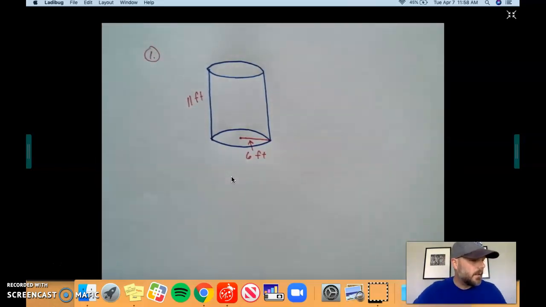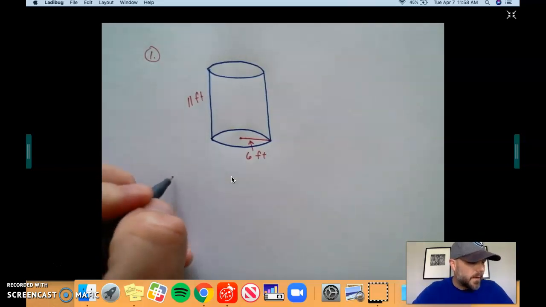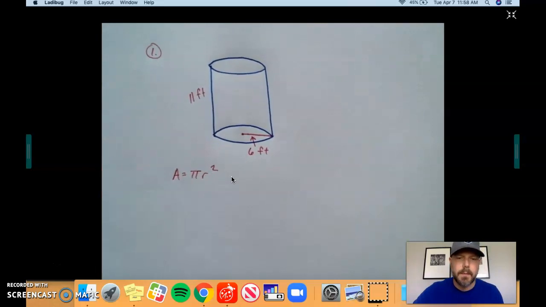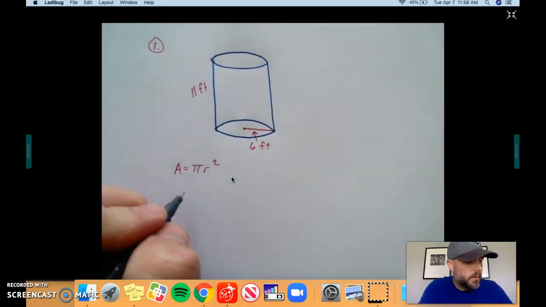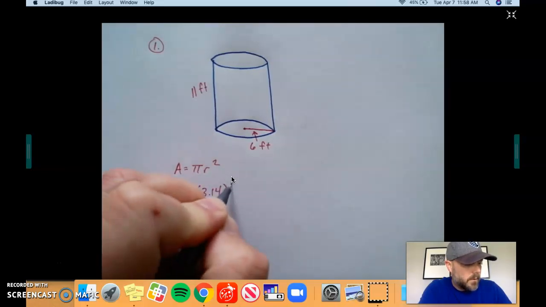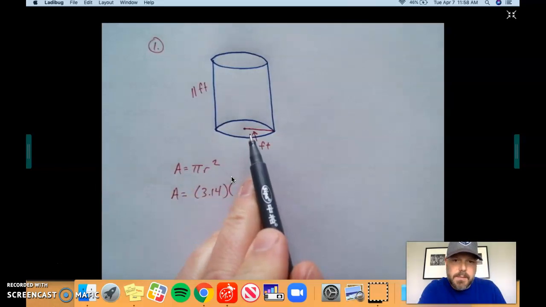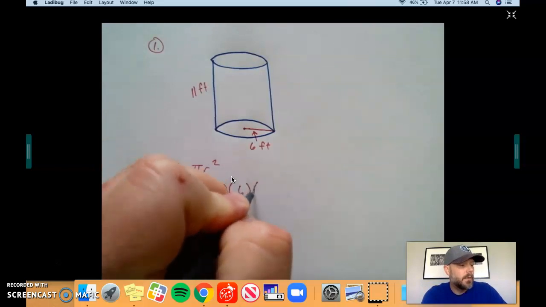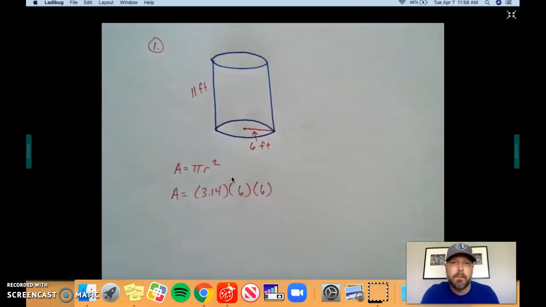So again, the area of a circle is pi radius squared, okay? And we're going to use 3.14 for pi. So 3.14 times the radius is 6. Remember, radius is halfway across a circle. So that is 6. And then squared means times it by itself again. So 6 times 6. That's why I have that 2 up there.